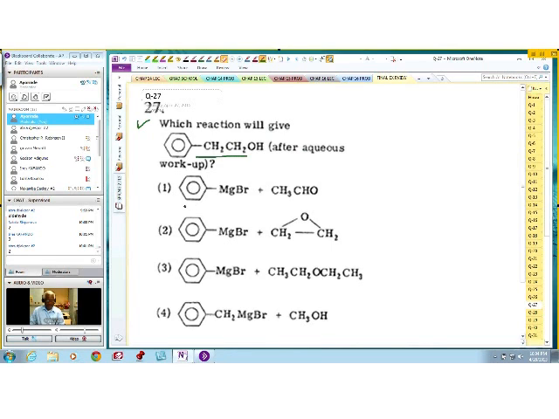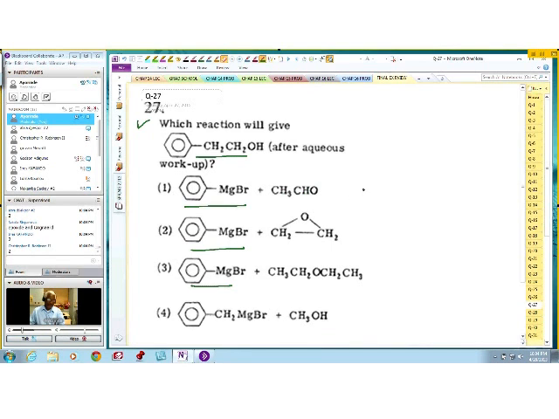You have a Grignard reagent, phenyl magnesium bromide, reacting with acetaldehyde. Whenever you have a Grignard reagent reacting with an aldehyde, what kind of product do you get?